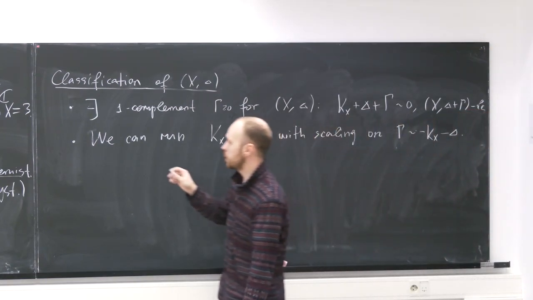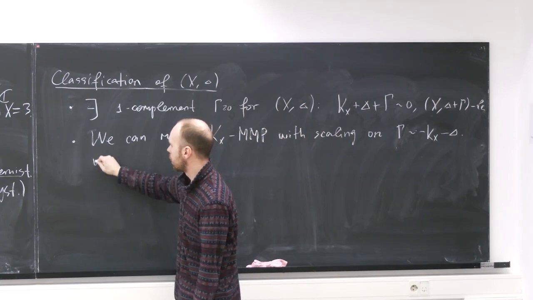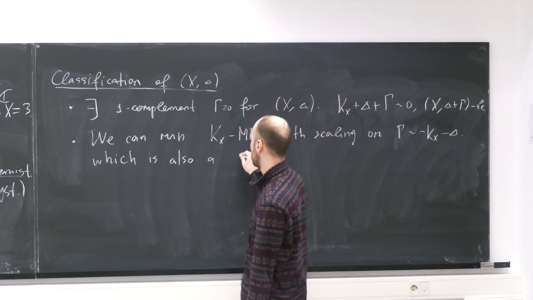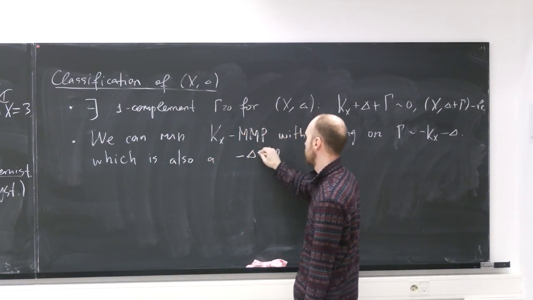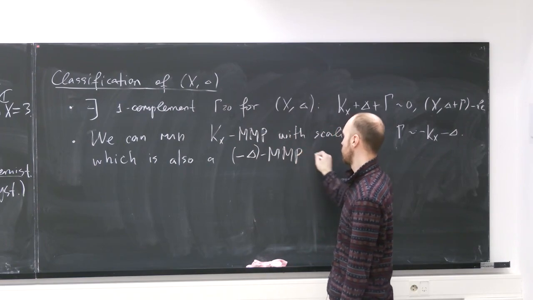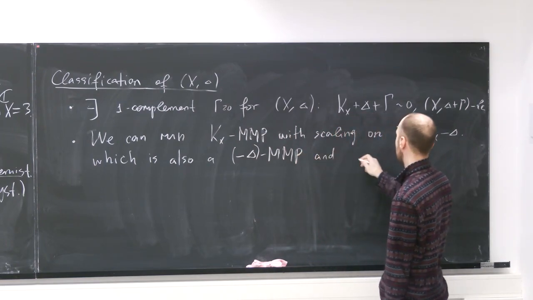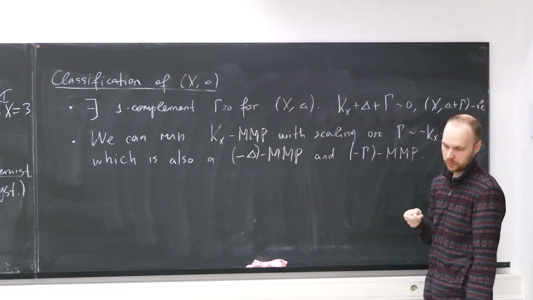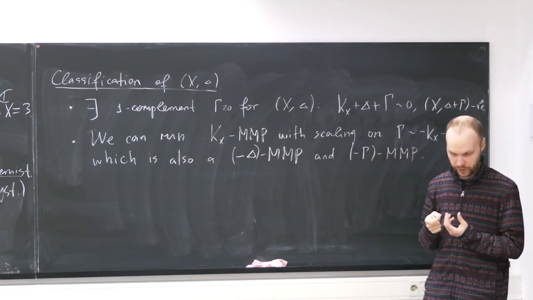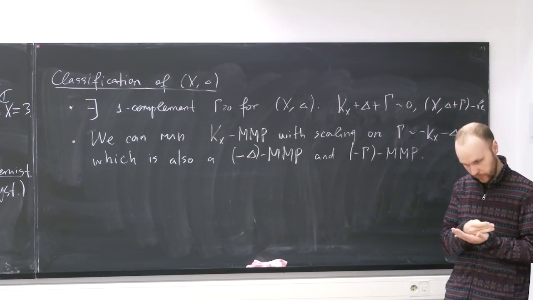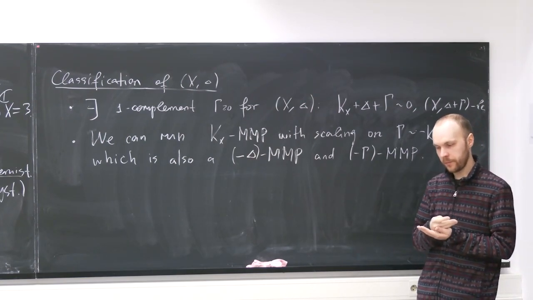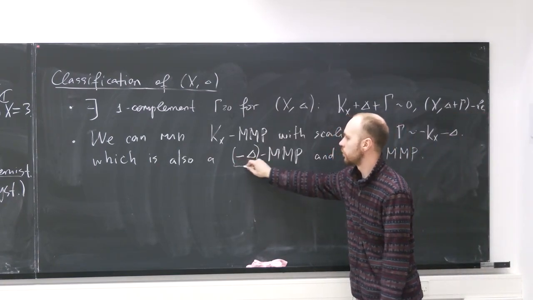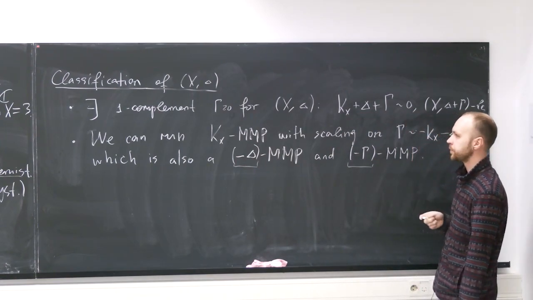It is also easy to prove that this is a (K_X + Δ)-minimal model program and a (K_X + Δ + Γ)-minimal model program. Essentially, at this step we contract extremal curves which are negative with respect to these divisors.